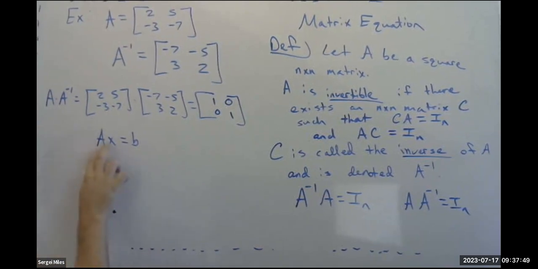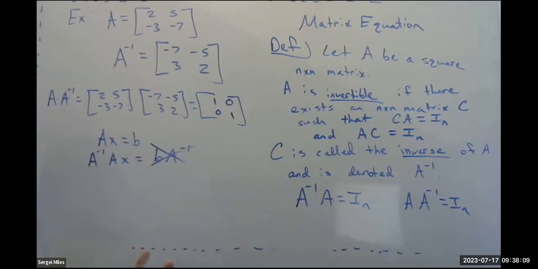So I can't flip the order here. So I have to multiply by A inverse on the left. A inverse on the right, that would be wrong. You can't do that, right? Remember, for matrix multiplication, order matters.